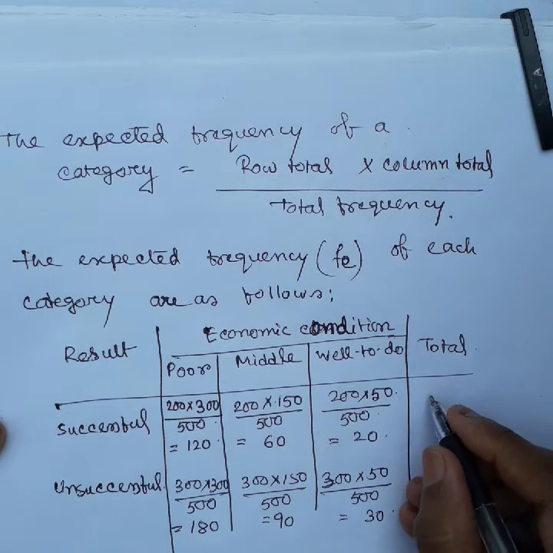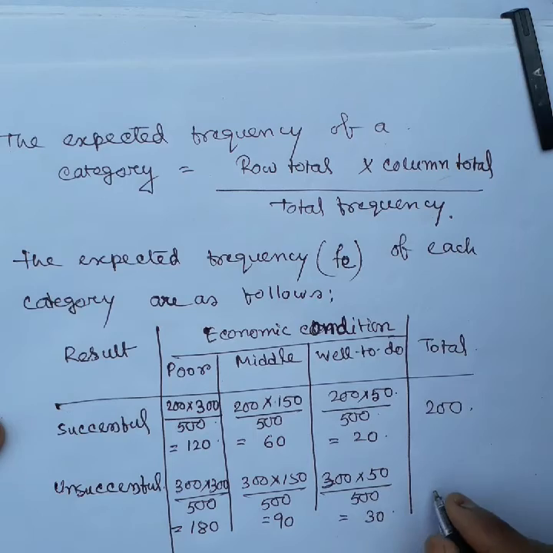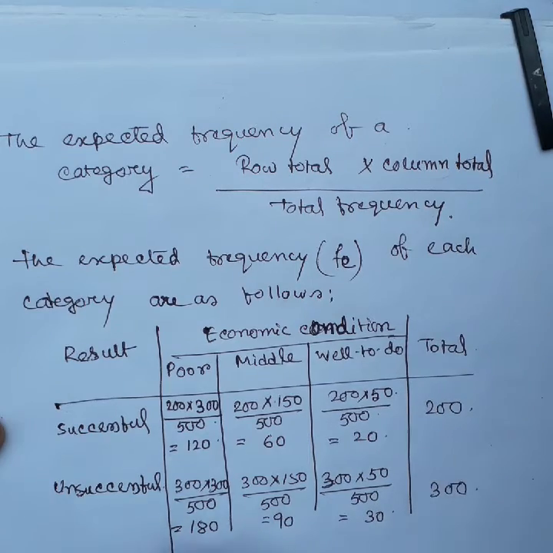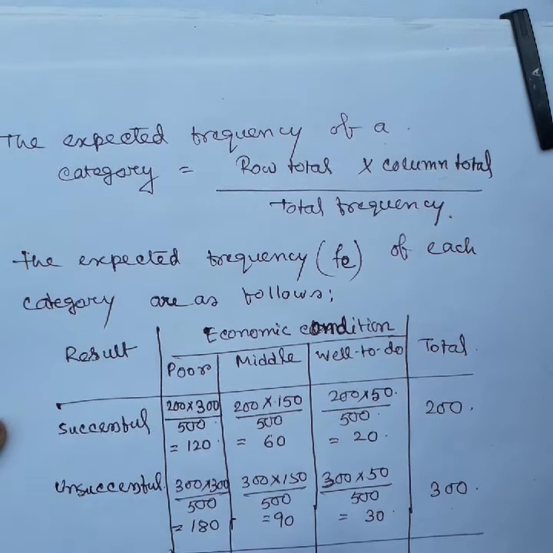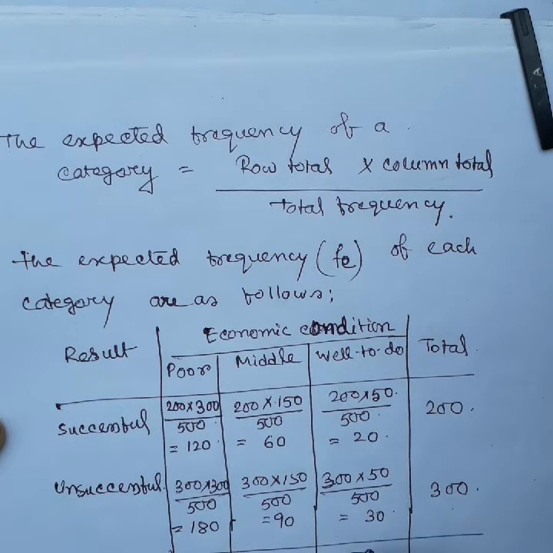So this total is 200, this is 300, and these totals are 300, 150, 50, and this is 500.